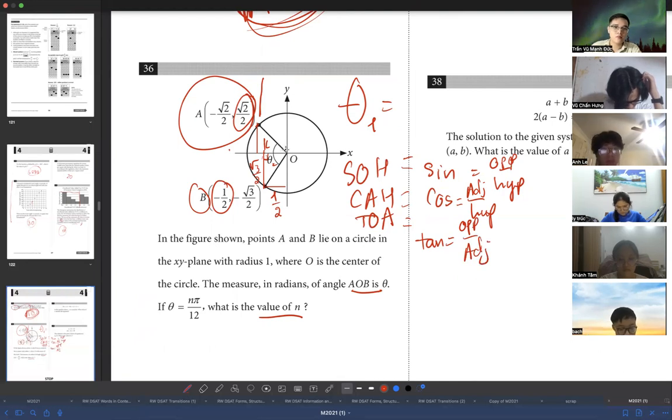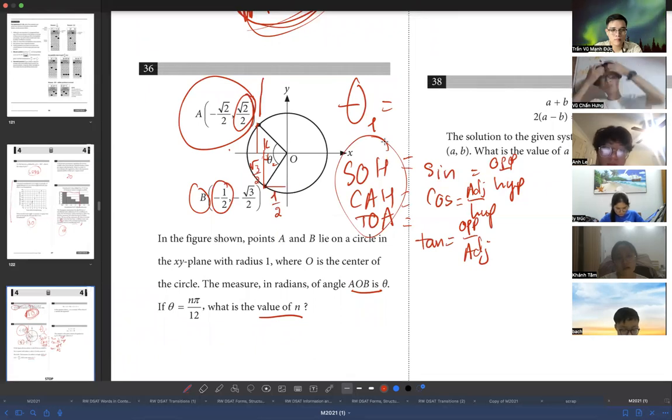So in this case, which formula should we use? Sine, cosine, or tangent? Cosine. But look, we have the opposite and we have this one. Which one should we use?